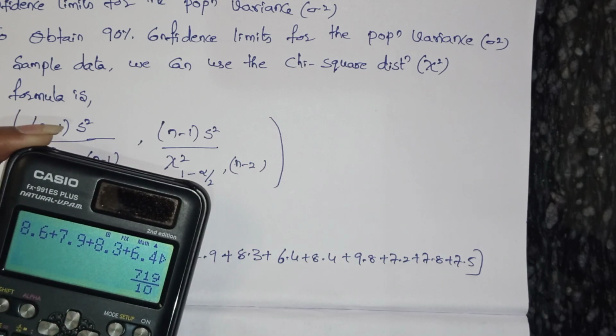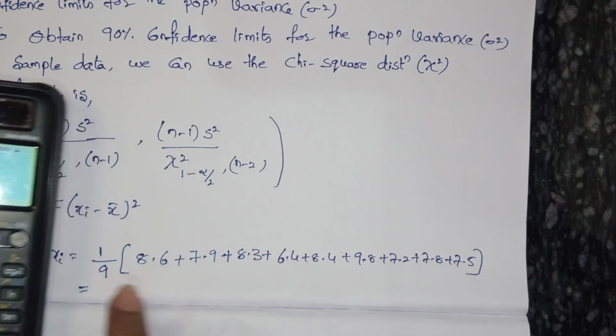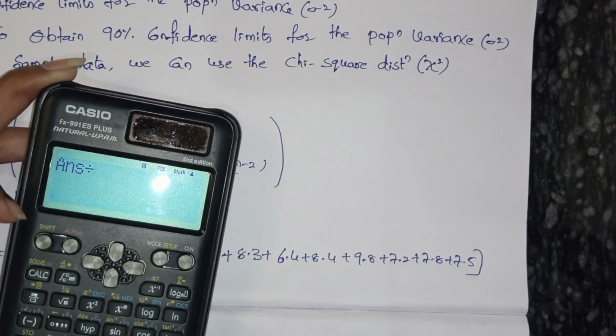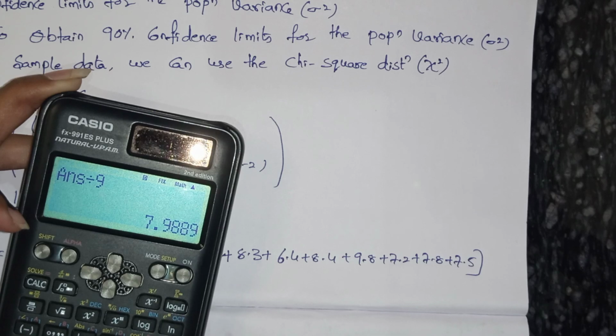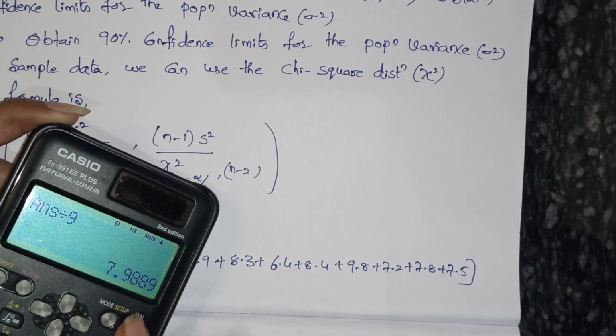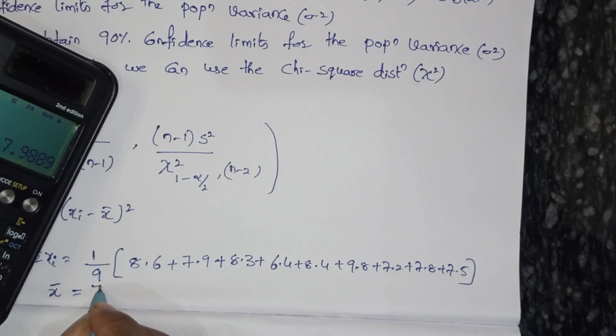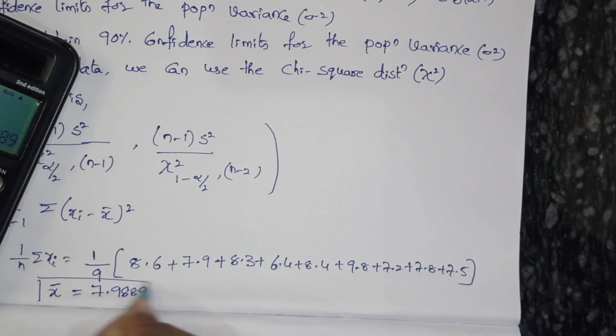We are going to find the mean value, so first we add all the x values. This value is 71.9, divided by n, which is 9. So the x bar value is 7.9889.